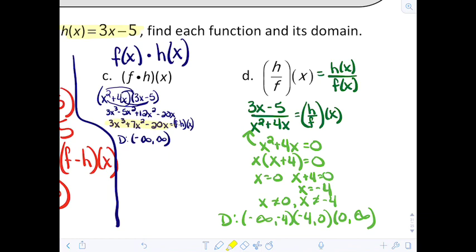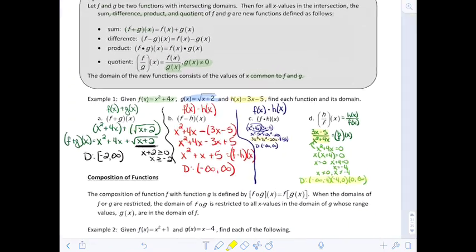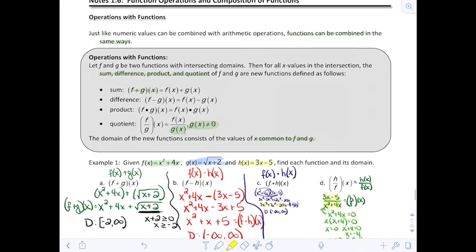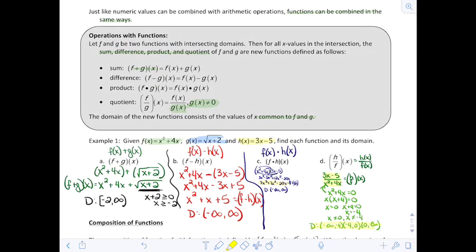Okay, and that is our domain, and this was our final answer when we divided those functions. So this is doing operations with those functions, just simply adding them, subtracting them, multiplying, dividing them, combining any like terms just like we would with the numbers.